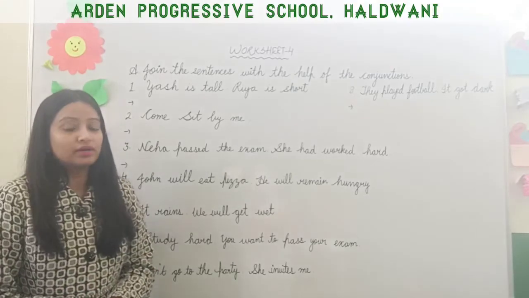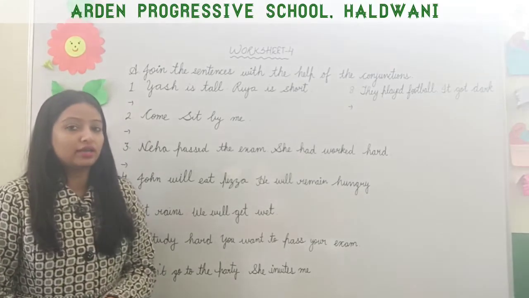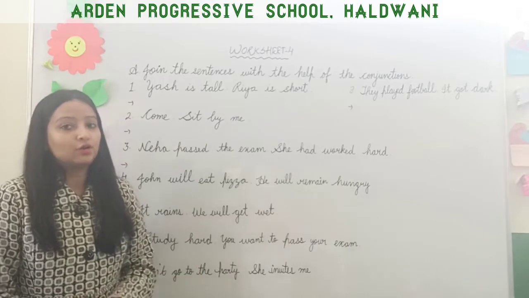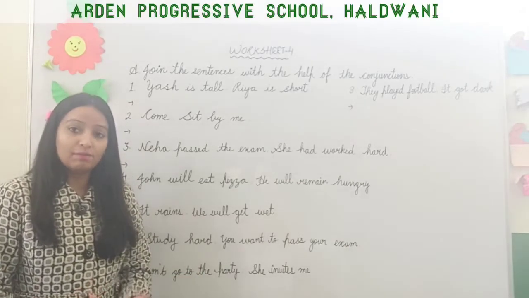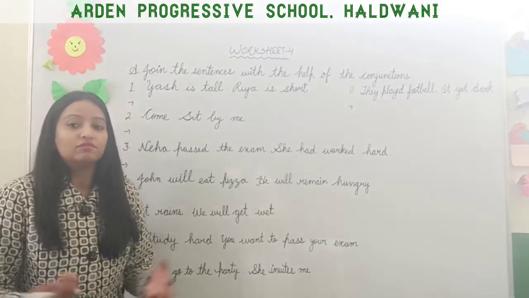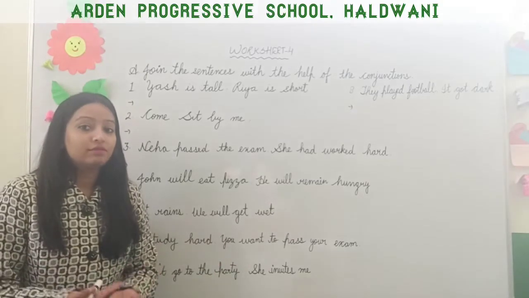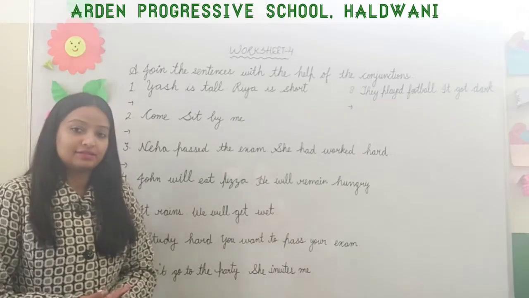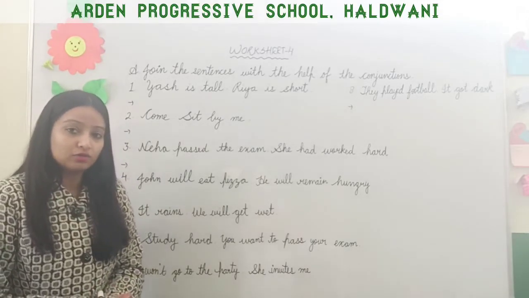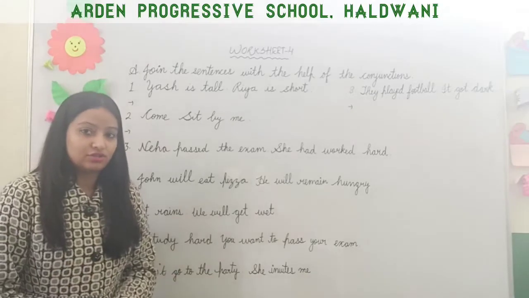Conjunction is a word that is used to join words, group of words and sentences. With the help of conjunction, we join the words, group of words and sentences. We have learned about many conjunctions.